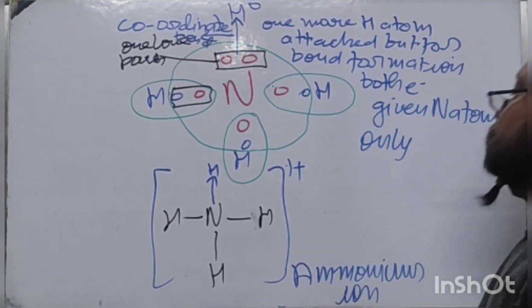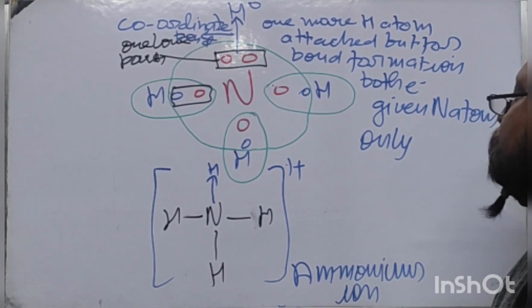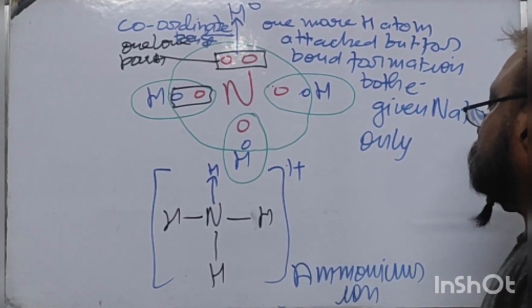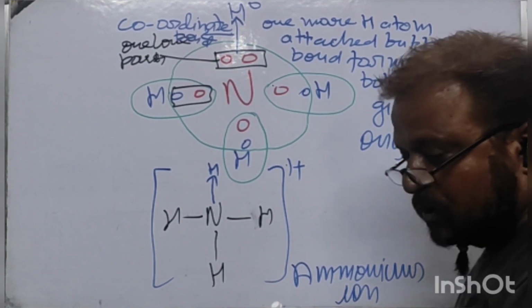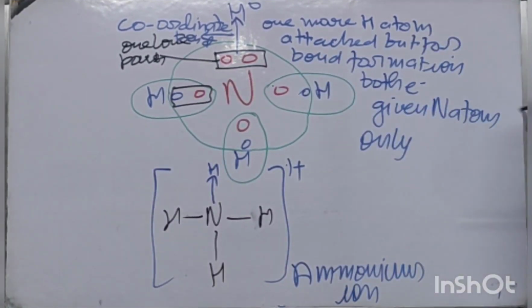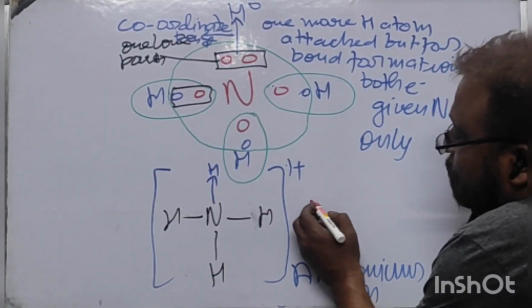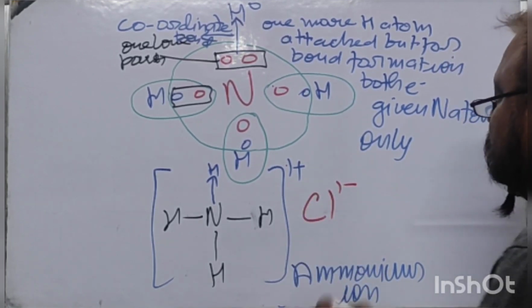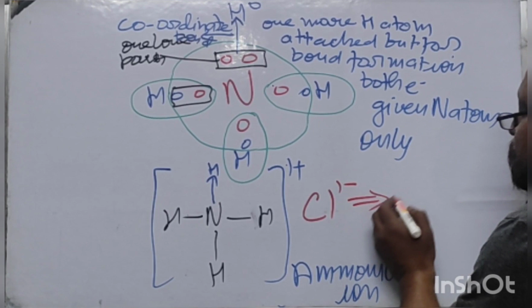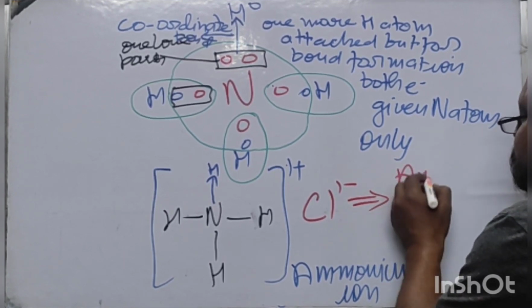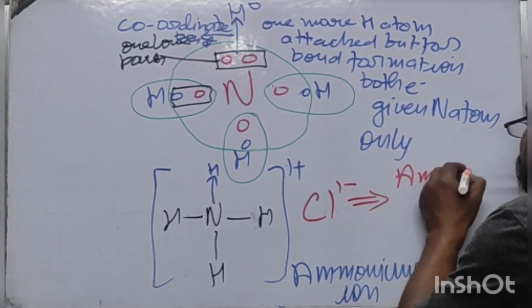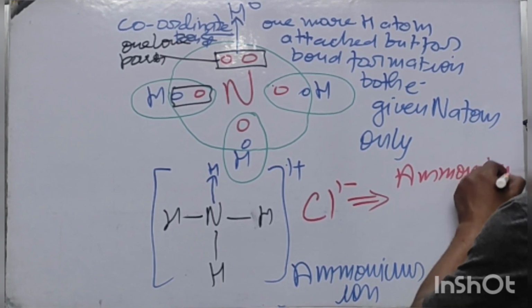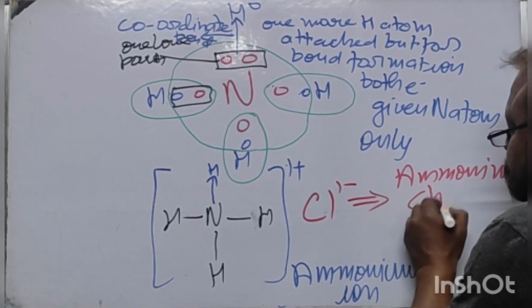Right? Since it has one unit of positive charge, if a chloride ion, minus one unit, gets attached with it, they form ammonium chloride.